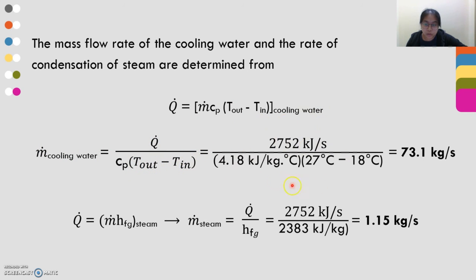Plugging in the values from earlier, we get 73.1 kilograms per second. For the steam, Q dot equals m dot times hfg, so we isolate m dot of the steam. Plugging in the values, Q dot over hfg, 2,752 kilojoules per second divided by 2,383 kilojoules per kg, and we get the final answer of 1.15 kilograms per second.